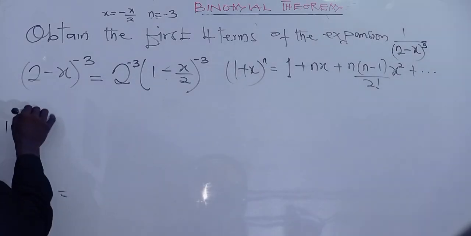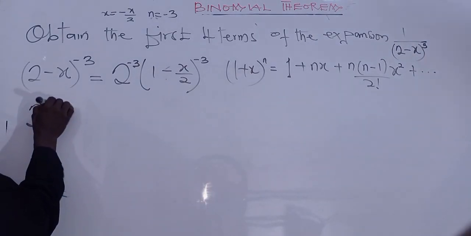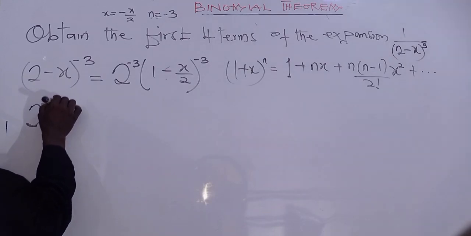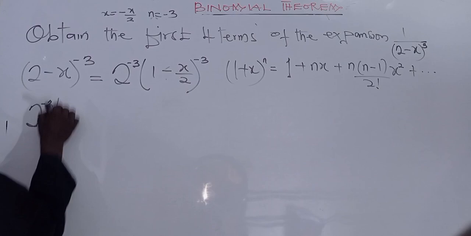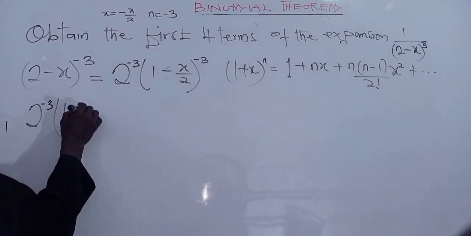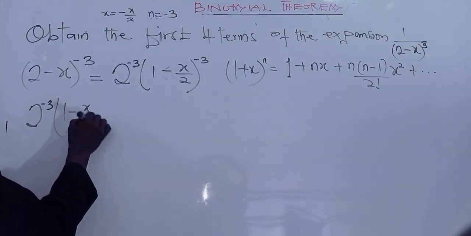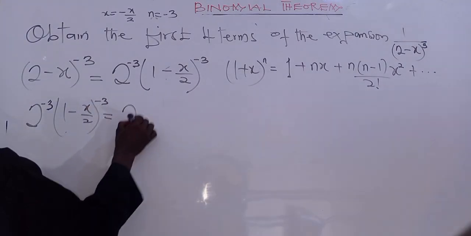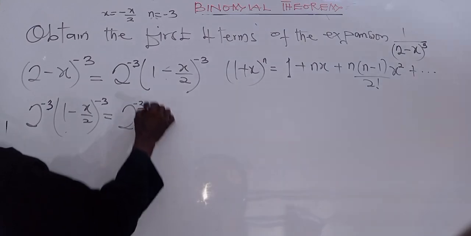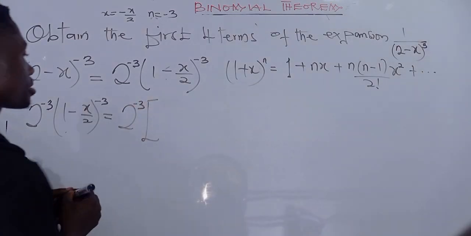So we have 2 raised to the power negative 3, and then we have our brackets.